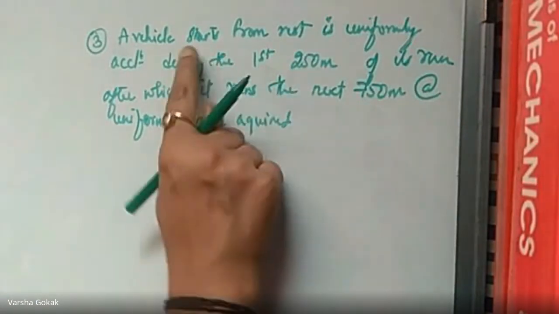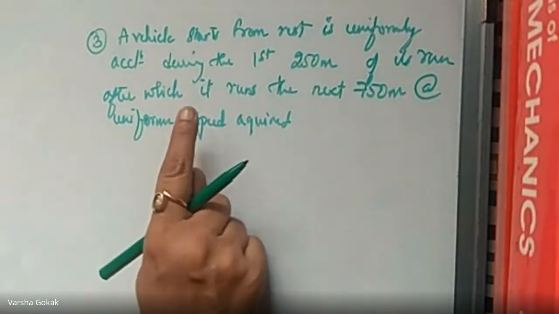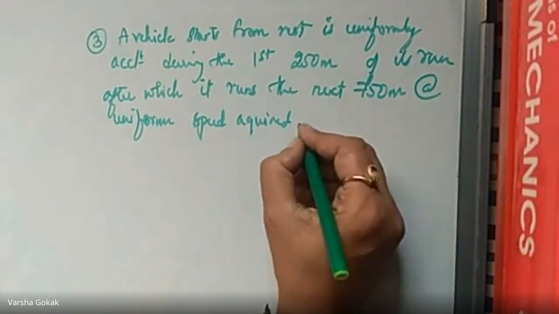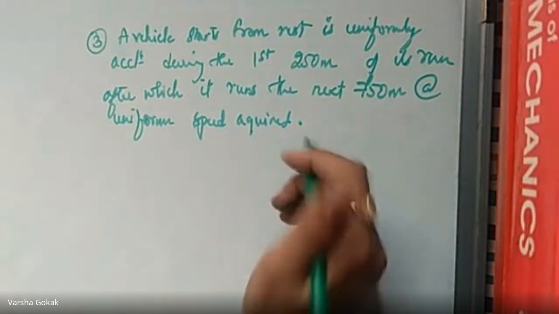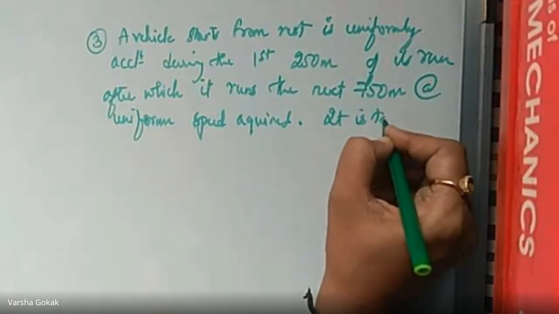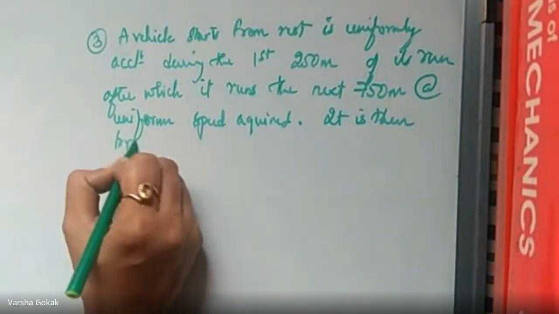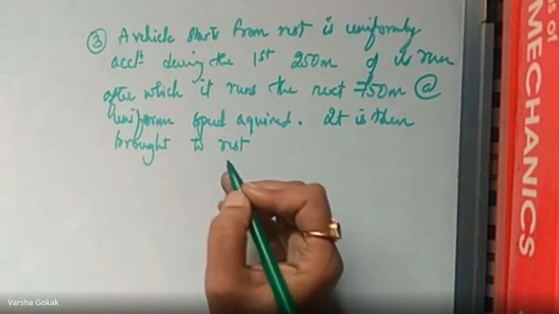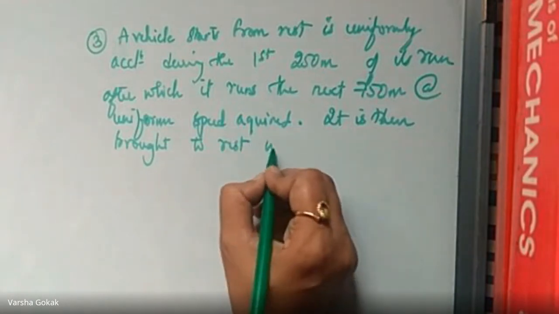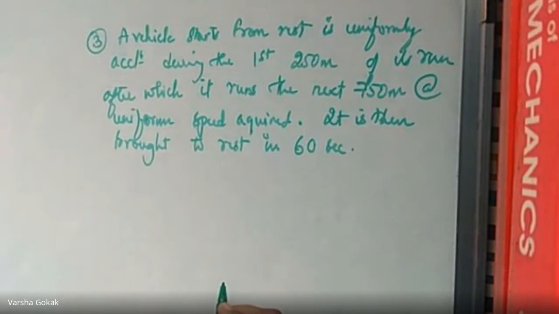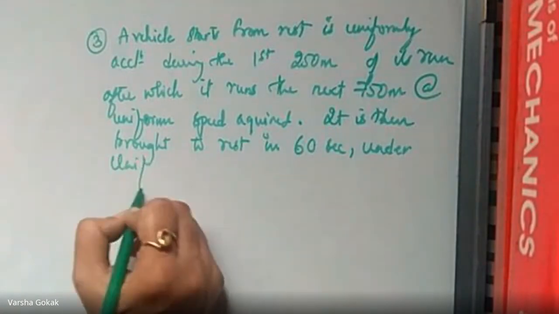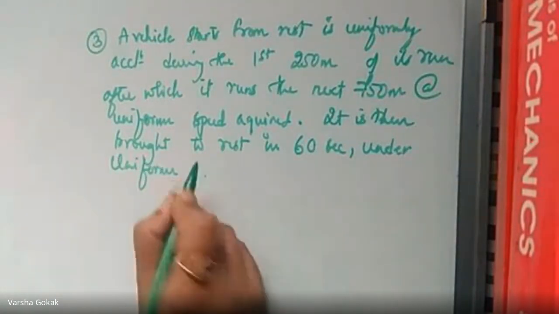So it has already reached from 0 to some speed, and with that uniform speed, it travels for the next 750 meters. It is then brought to rest in 60 seconds, under uniform retardation.